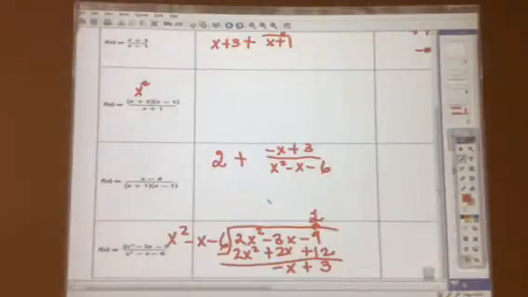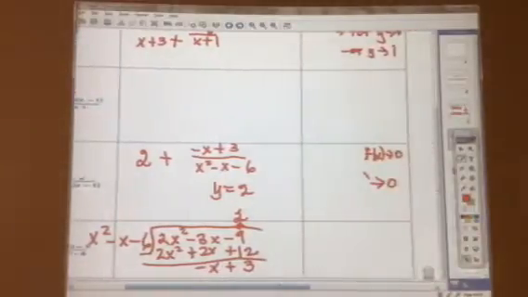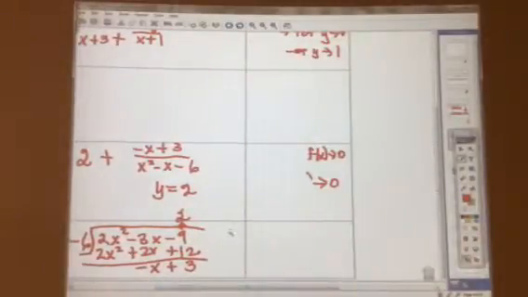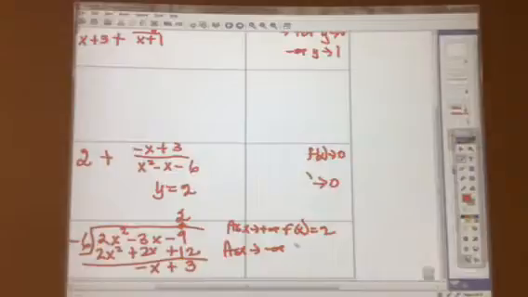What is my horizontal asymptote? 2. Y equals 2. As x approaches positive infinity, y approaches 2. As x approaches negative infinity, y approaches 2. Any questions?